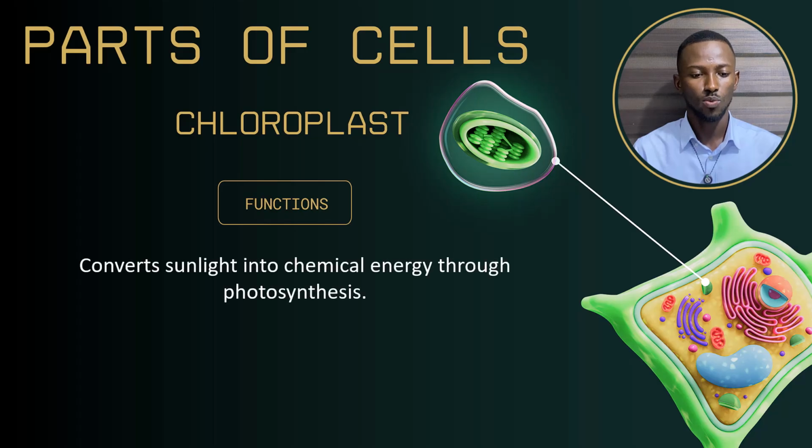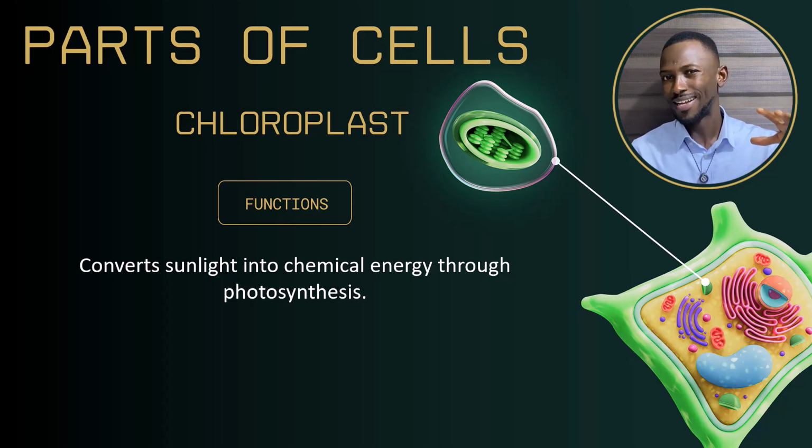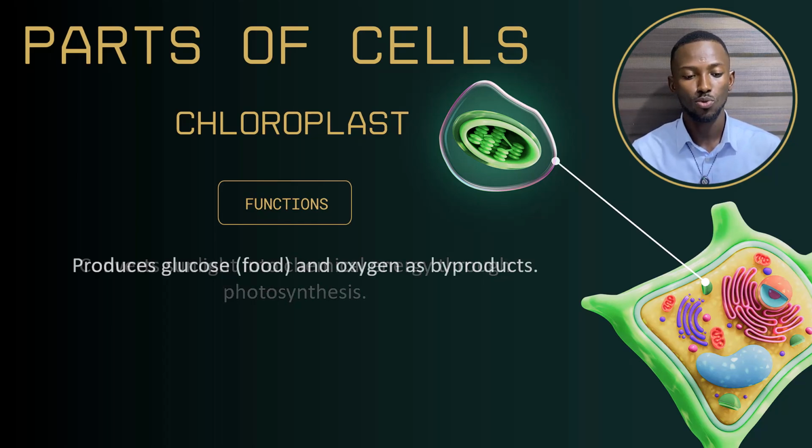Functions of the chloroplast. One, it converts sunlight into chemical energy through photosynthesis. Sunlight in its raw state is just hot and useless for plants. But with the help of chloroplast, it is converted into chemical energy through photosynthesis, and becomes so useful.